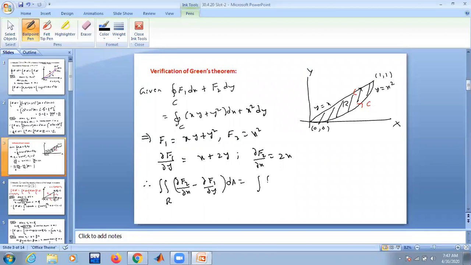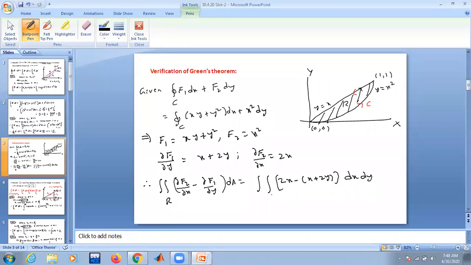What is dou f2 by dou x? 2x minus dou f1 by dou y, which is x plus 2y. So this dA can be written as dy dx or dx dy. Here let me write it in dx dy form.